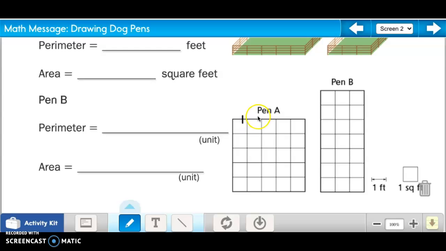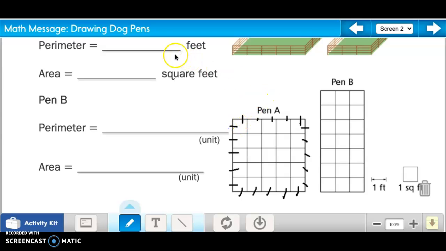So you can go around and count all the outside: 1, 2, 3, 4, 5, 6, 7, 8, 9, 10, 11, 12, 13, 14, 15, 16, 17, 18, 19, 20.